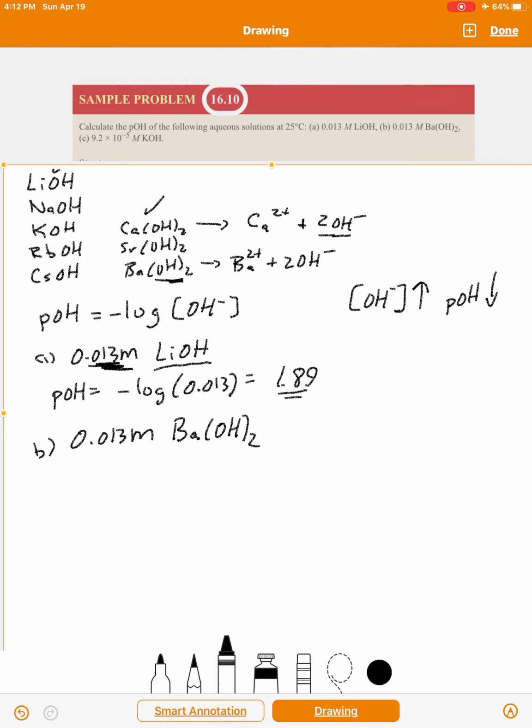So the pOH would be the negative log base 10 of not 0.013, but 2 times 0.013, right? Because you get 2 hydroxides every time one of the barium hydroxides dissolves. So that would be the negative log of 0.026.